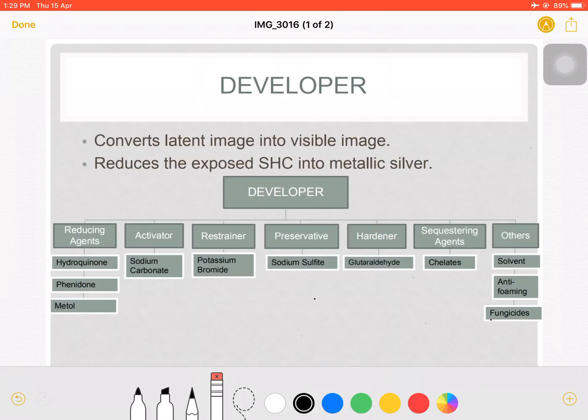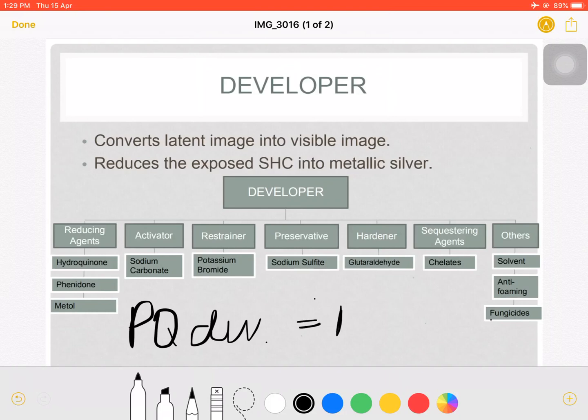Next is the PQ developer. PQ developer is used for automatic processing and it has a 15 times more superadditivity compared to MQ developer combination. Again, our PQ developer has a 15 times more superadditivity than our MQ developer combination.